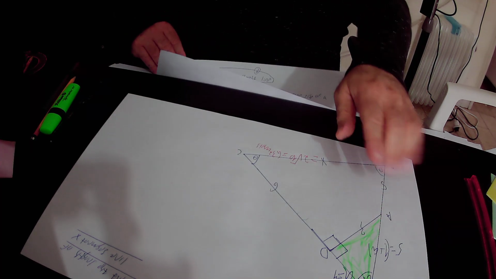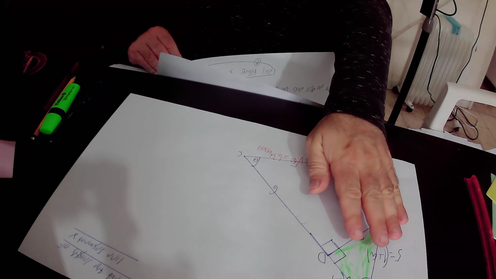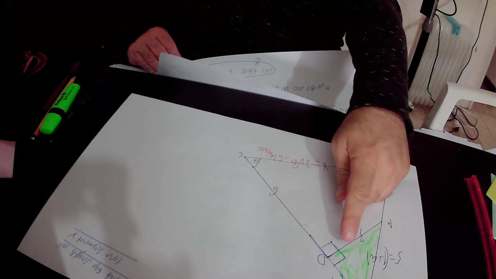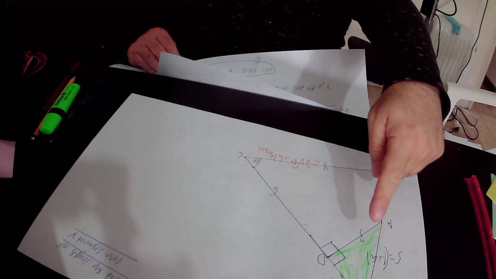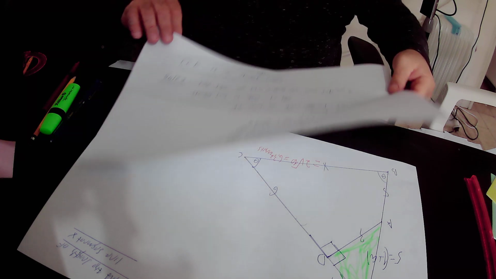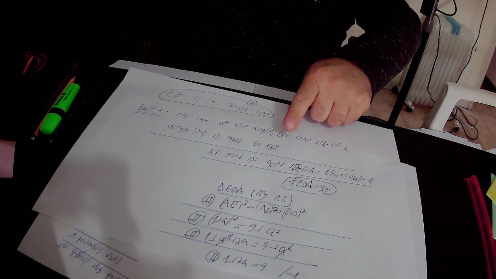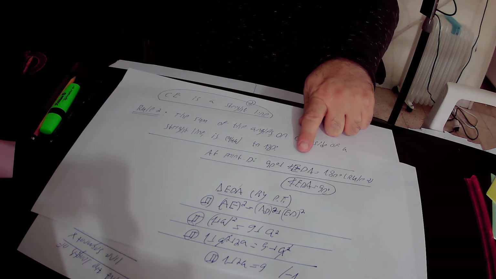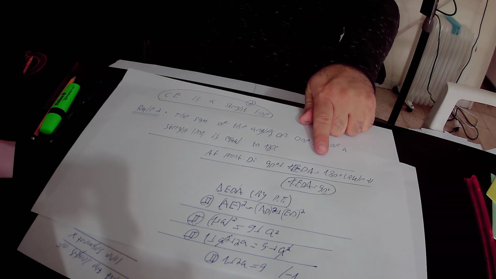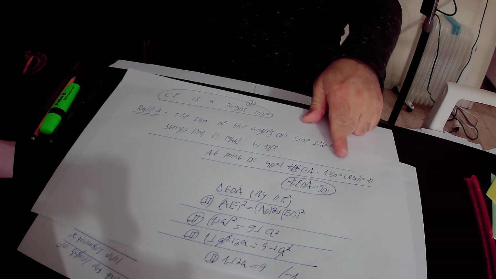Which angles do we have at this side? We have 90 degrees and angle EDA. In total, 90 degrees plus angle EDA must be equal to 180 degrees.